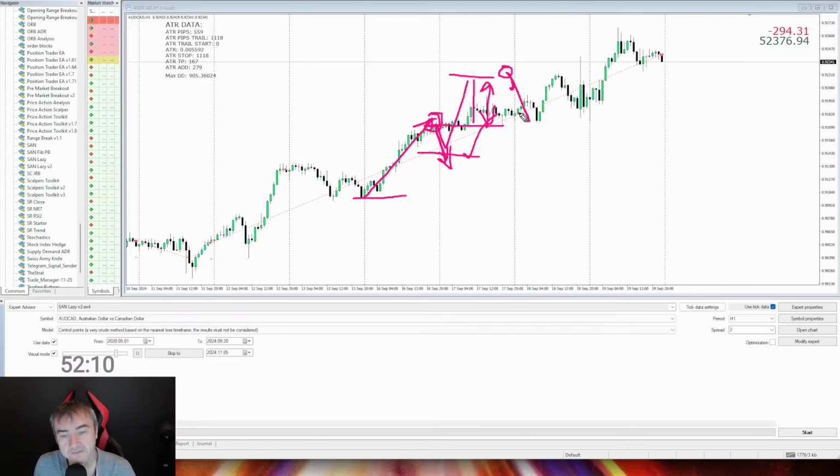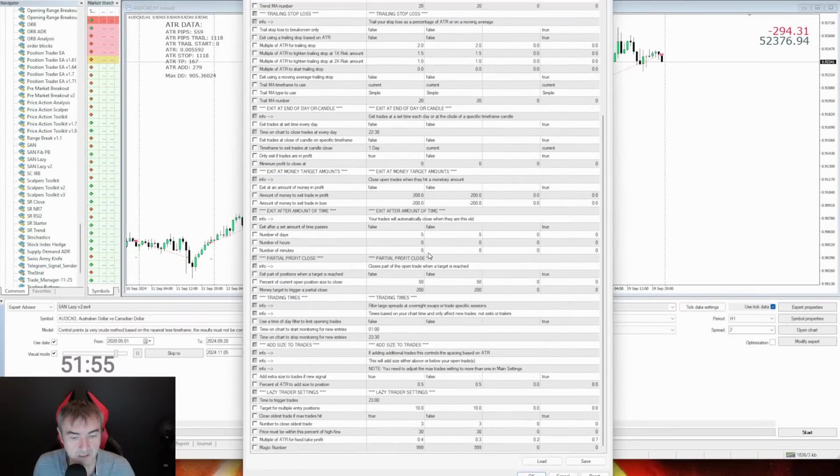And then as the price pushes back down with these two positions on, so it's a position trading strategy, it will exit with a break even or break even plus commission. Yeah. So what I've got in my inputs is targeting $10, which is that target there, target for multiple positions, just to get us out the trade.